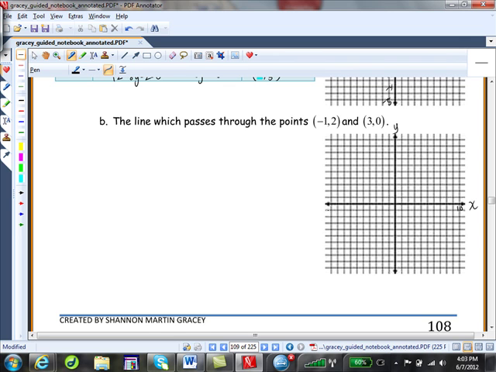We'll just use the standard scale, negative 10 to 10 on both axes. So negative 1, comma 2 will be here. And then 3, 0 is here.